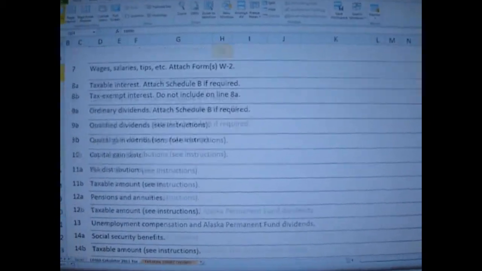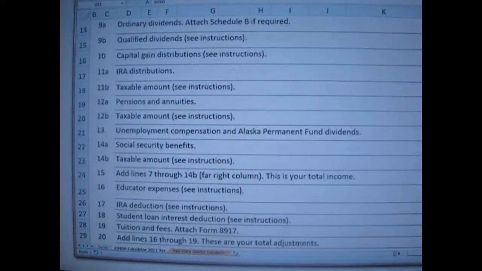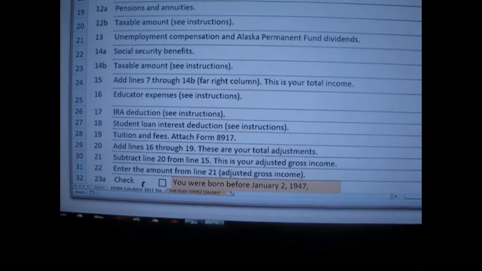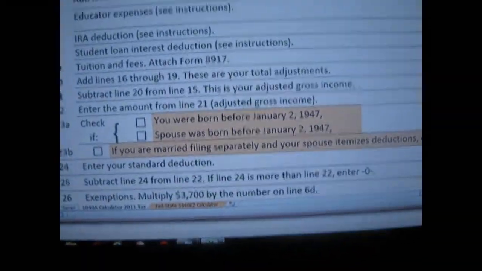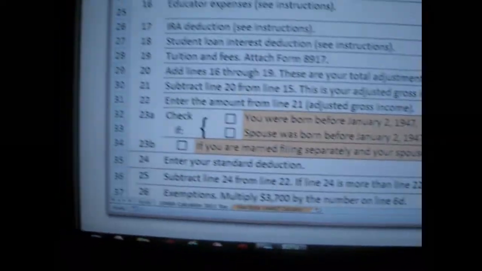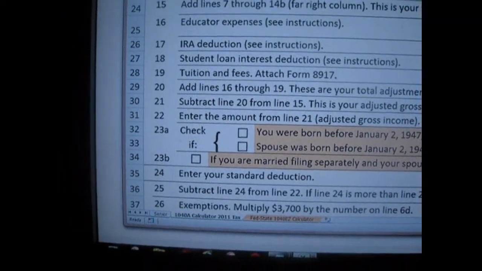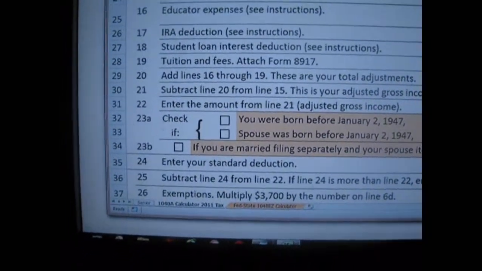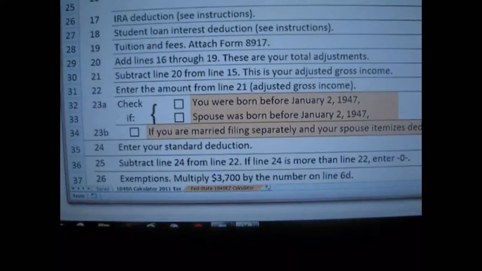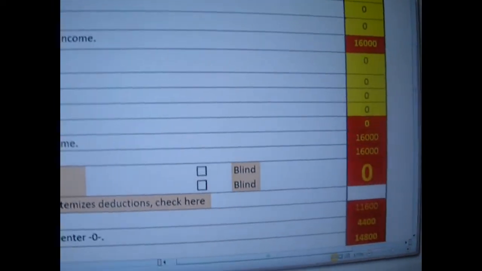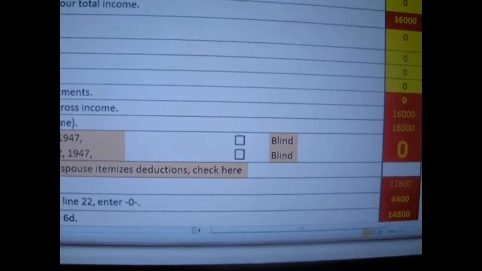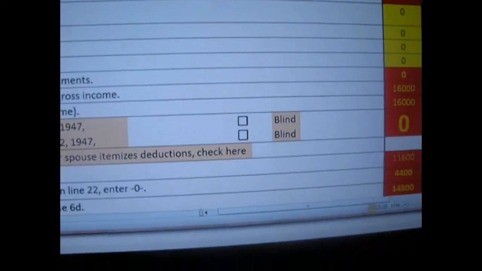Now that we've done that for those 2 categories, we're going to go down here, and this is very important, remember we're talking about seniors now. This section right here, 23A, says check the box if you were born before January the 2nd, 1947, and also if you're blind on top of that. The same applies to your spouse and if they're also blind.